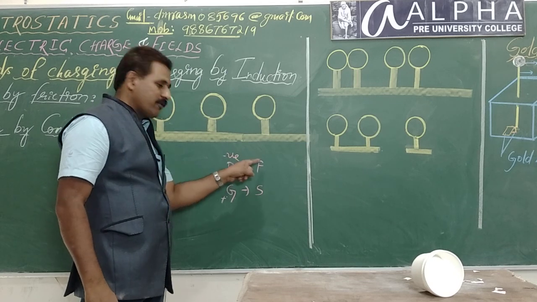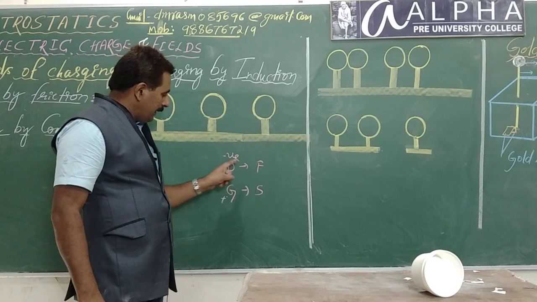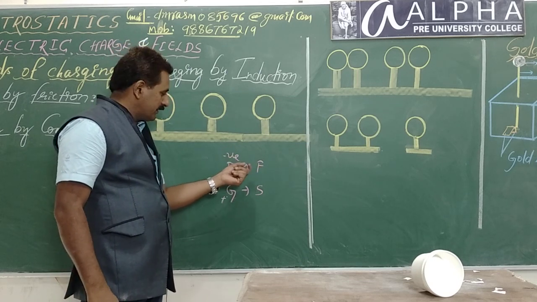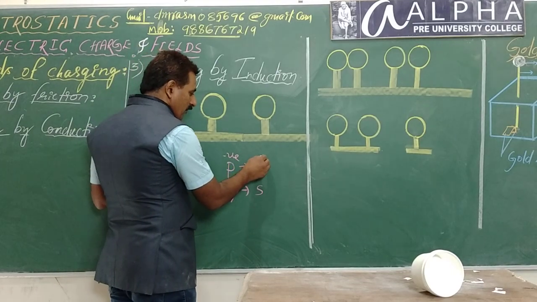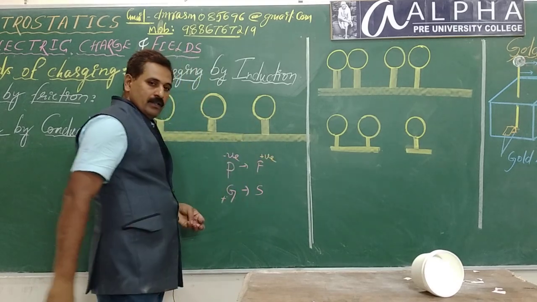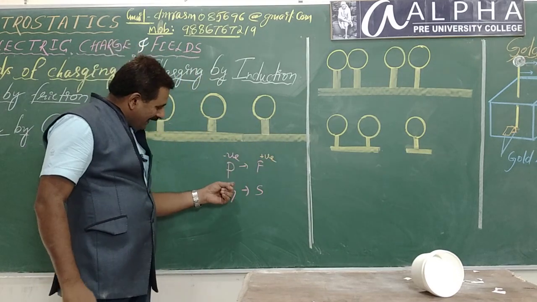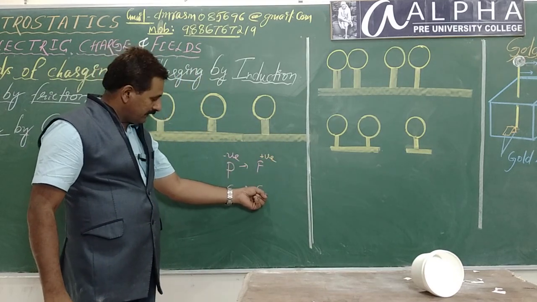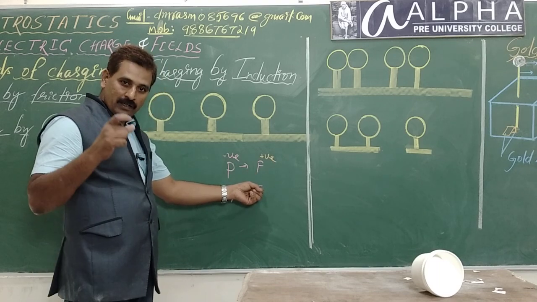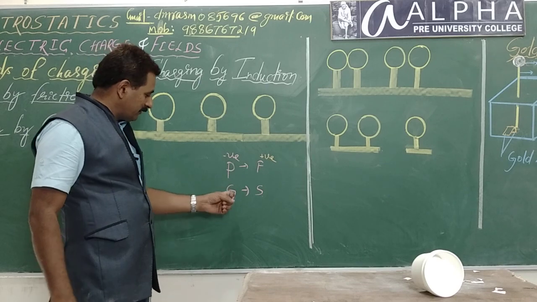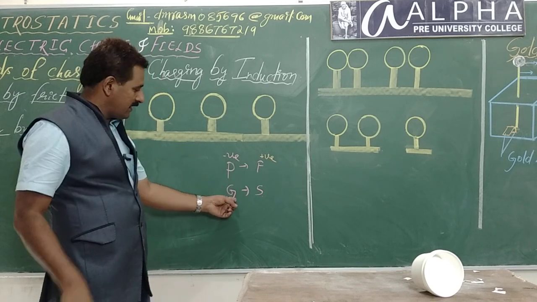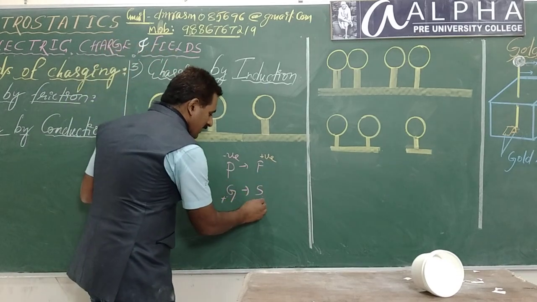When you rub plastic with fur, the plastic gains electrons from fur, that's why plastic gets negative charge and fur gets positive charge. Similarly, when you rub a glass rod with silk, silk gains electrons which glass loses. That's why glass gets positive charge and silk gets negative charge.